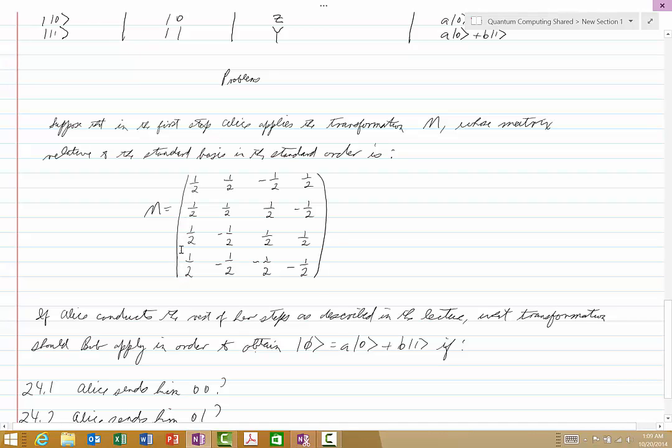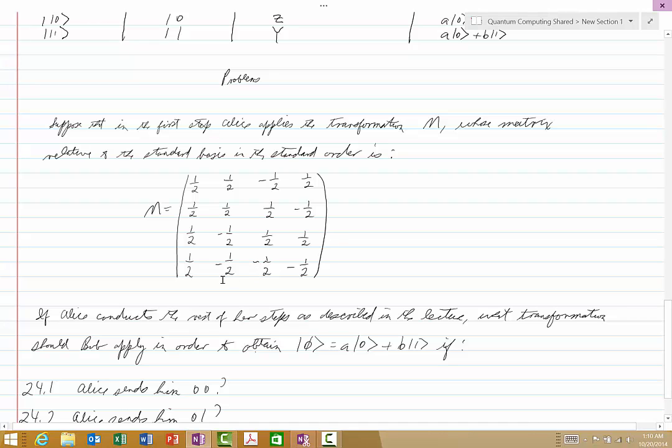So what that means is that M acting on 00, that's the first column, is 1/2 |00> plus 1/2 |01> plus 1/2 |10> plus 1/2 |11>. M acting on |01> is 1/2 |00> plus 1/2 |01> minus 1/2 |10> minus 1/2 |11>. M acting on |10> is minus 1/2 |00> plus 1/2 |01> plus 1/2 |10> minus 1/2 |11>.